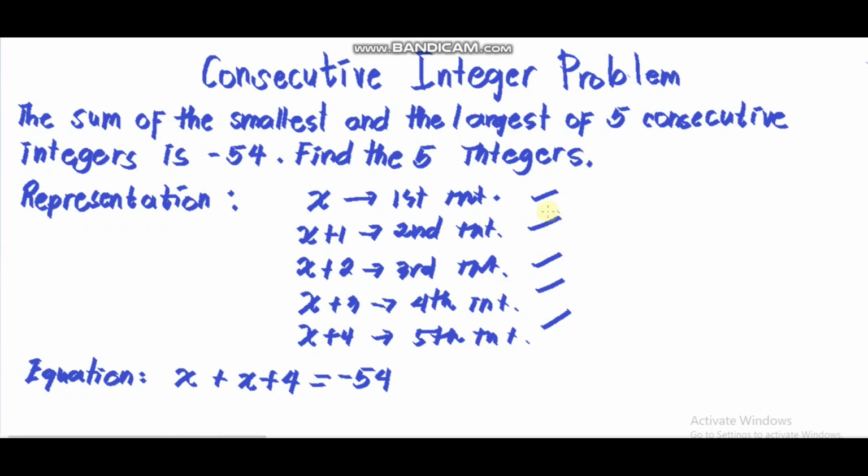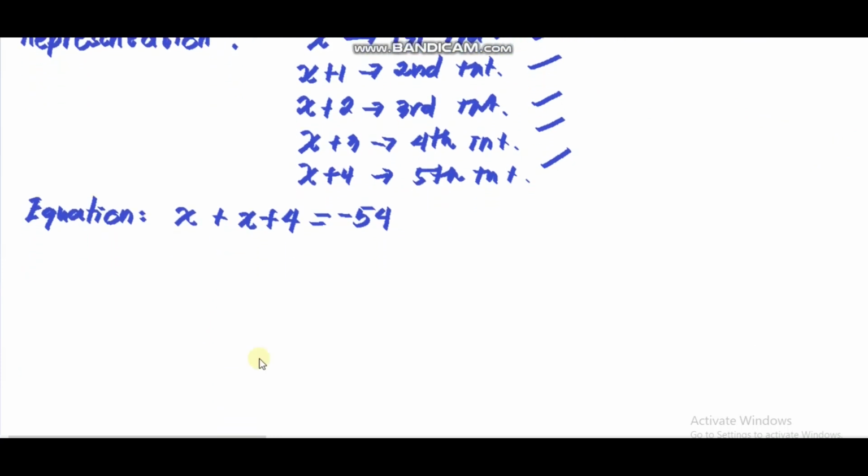So let's have the solution. For the solution, you combine like terms. So you will have here 2x equals negative 54 minus 4. 2x is negative 58. So like sign, what you're going to do, if it's like sign or same sign, you're going to add and then copy the sign.